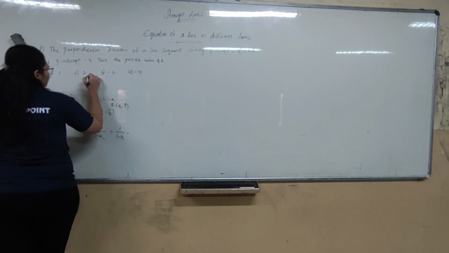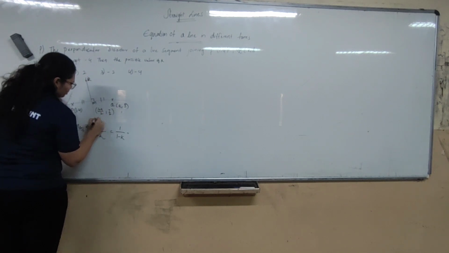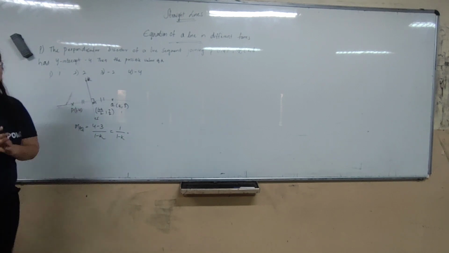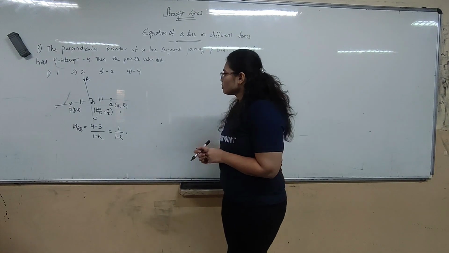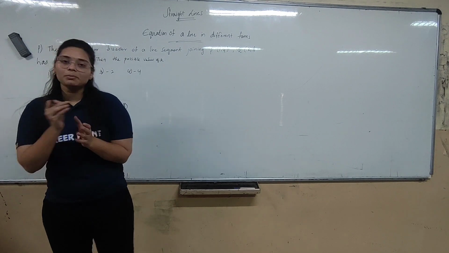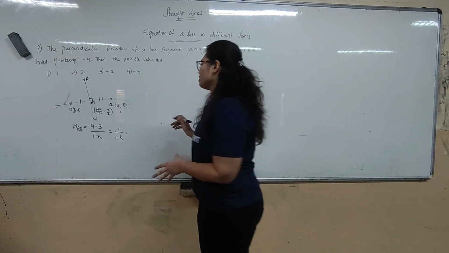Let the slope of the bisector be m. We know that the multiplication of the slopes of 2 perpendicular lines is always minus 1.